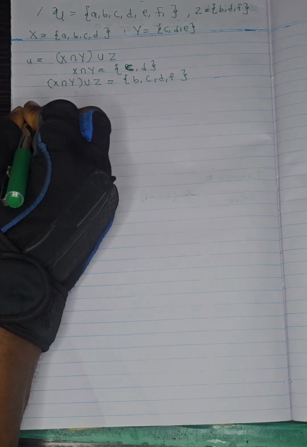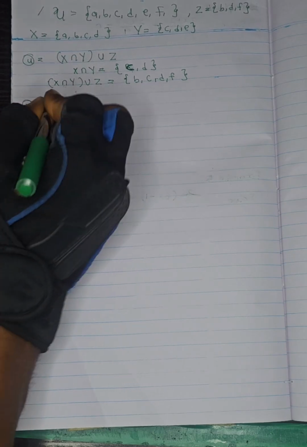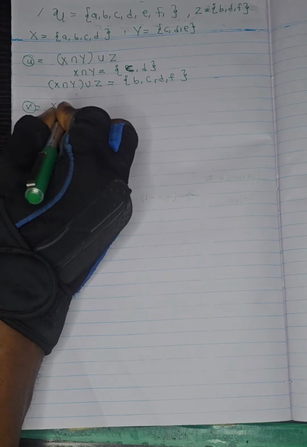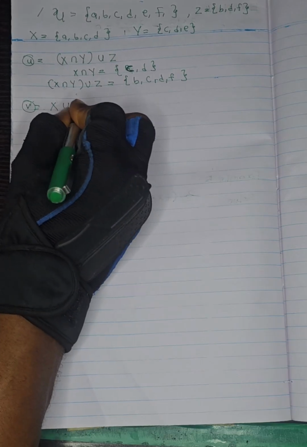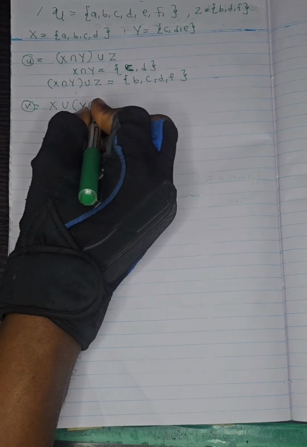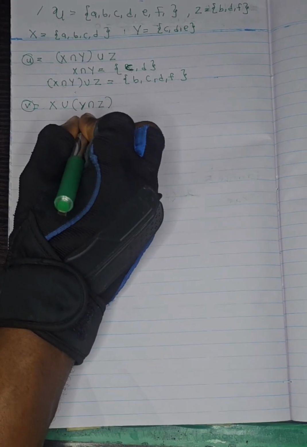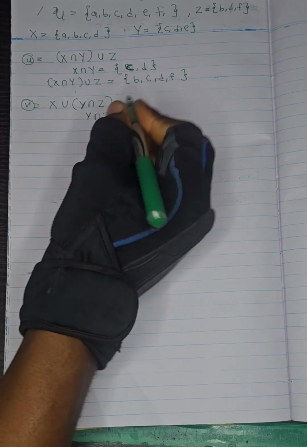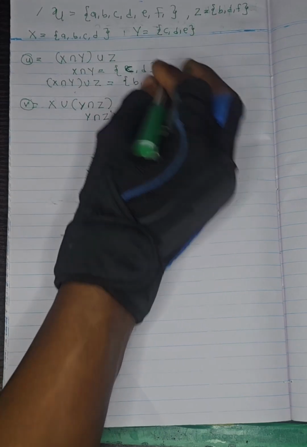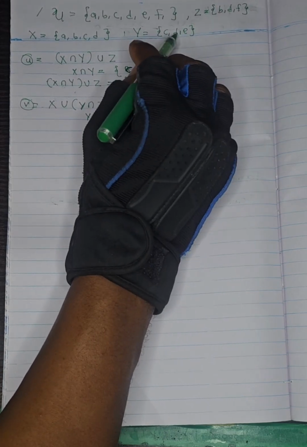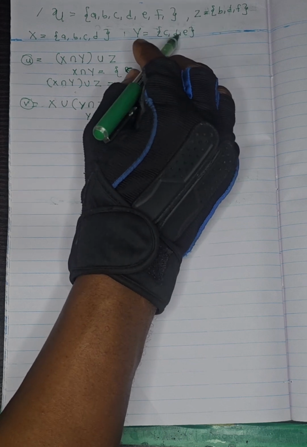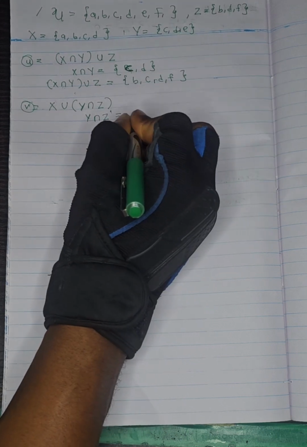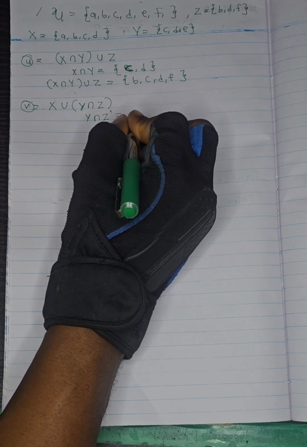We have X union Y intersection Z. So let's go for what is Y intersection Z. What do these two have in common? We have D in common, I think. Only D. We only have D in common.